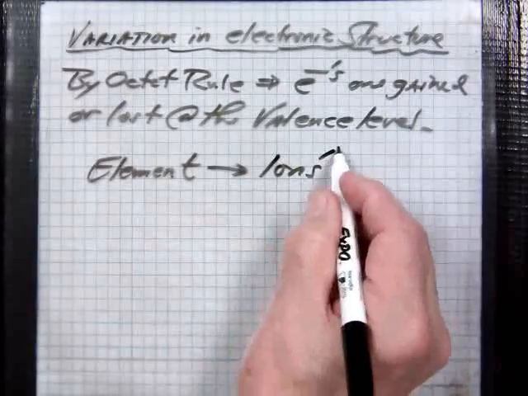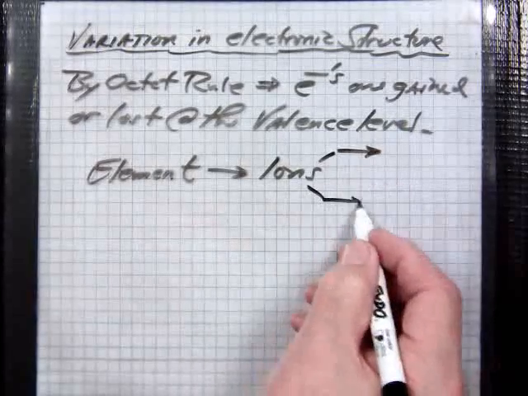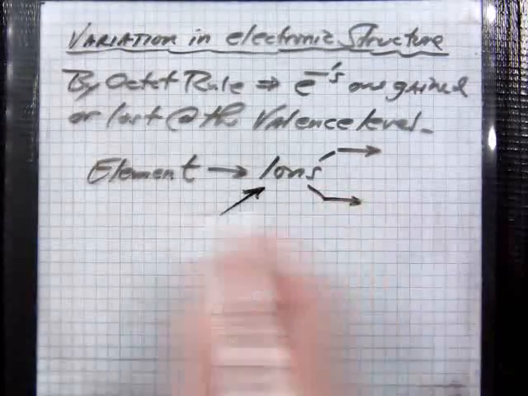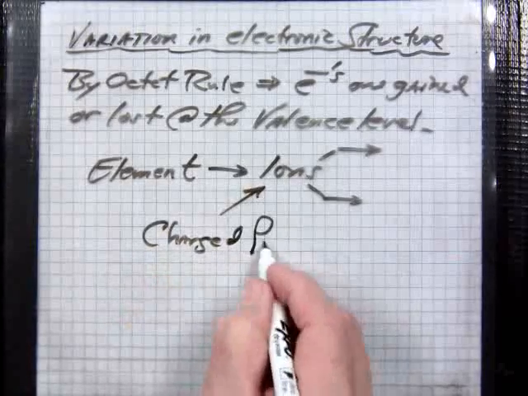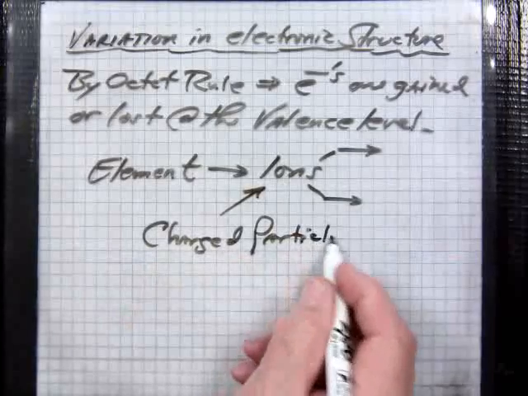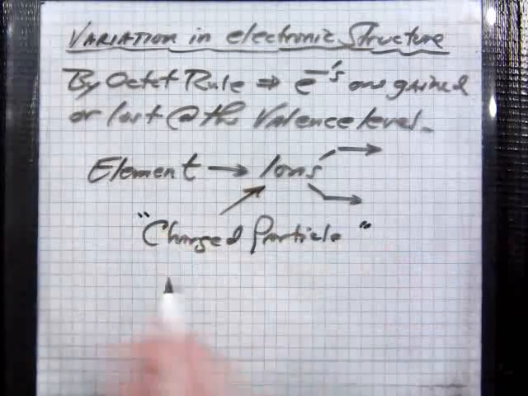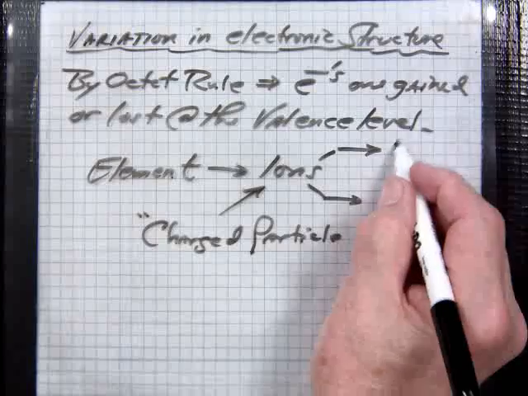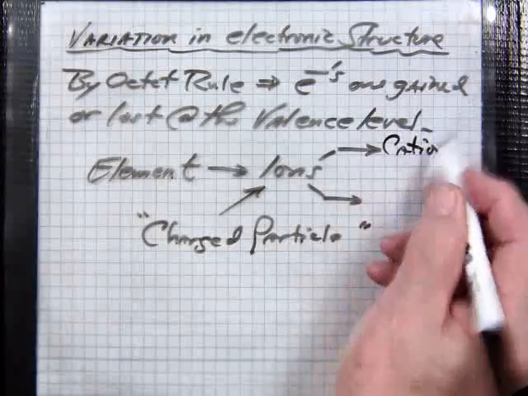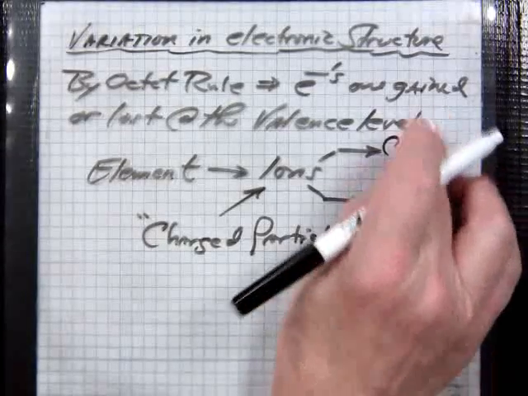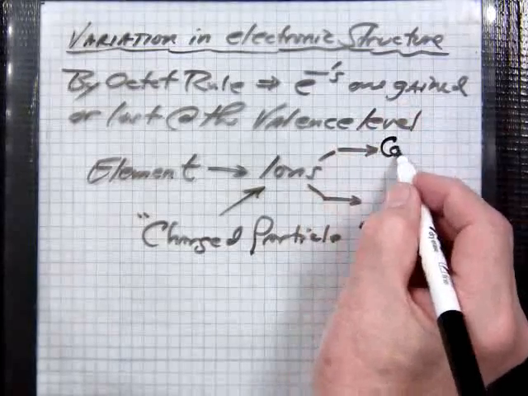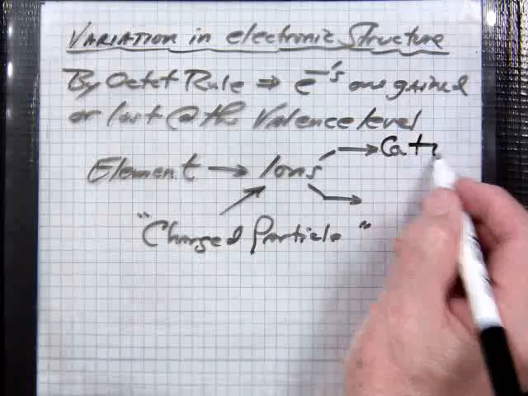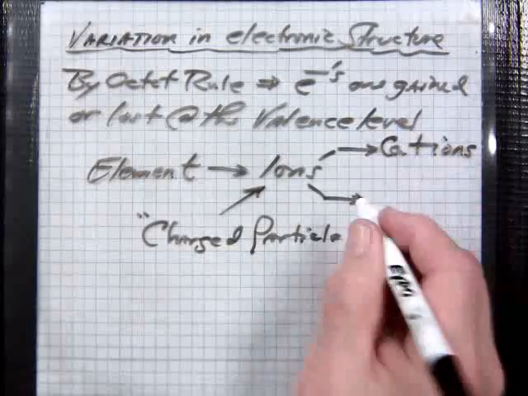And there are two kinds of ions. An ion is a charged particle, by definition. You have cations and anions.